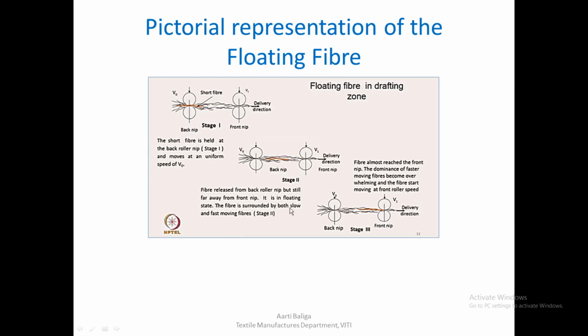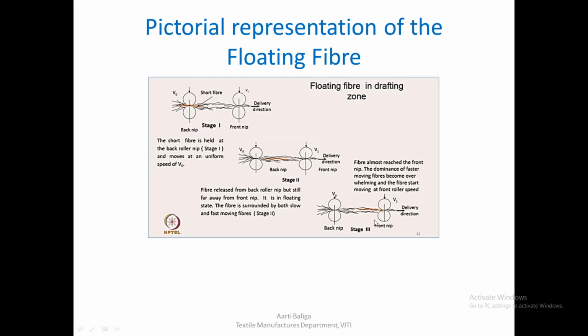The fibers are surrounded by both slow moving and fast moving fibers. Slow moving fibers are the ones around it that are under the back roller nip, and the fast moving fibers are those around it that are held by the front roller nip. So it will be under the influence of both these types of fibers, and therefore we cannot predict the actual speed of this particular floating fiber at any time. As we saw in the previous graph, it would always be uncertain.